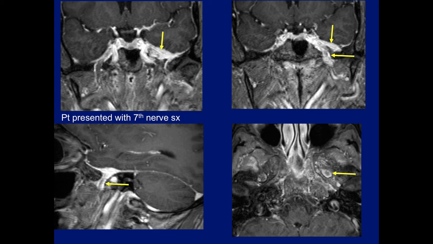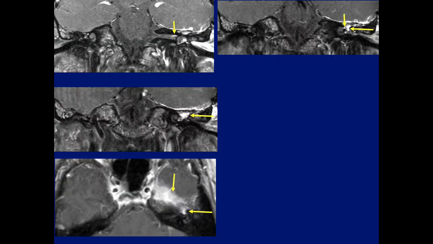But why does the patient have seventh nerve symptoms? We can see that, again, there's enhancement in the upper internal auditory canal. Again, a little bit here, the geniculate ganglion is enhancing. And again, here's the enhancement in the skull base near this vessel, which is the middle meningeal artery.